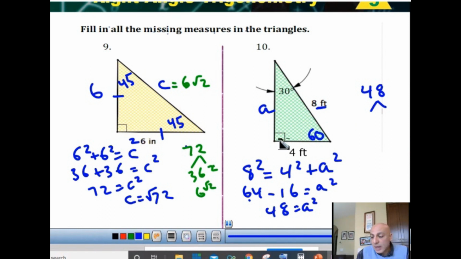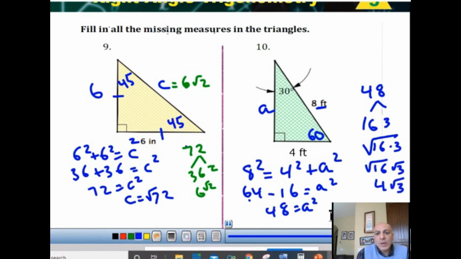Okay, well, I see a 16 times 3. And when you take the square root of that, that's the square root of 16 times 3. Or you could separate the square root, square root of 16 times square root of 3. Square root of 16 is 4. Square root of 3 is square root of 3. Okay. So I see A here is 4 square root of 3.